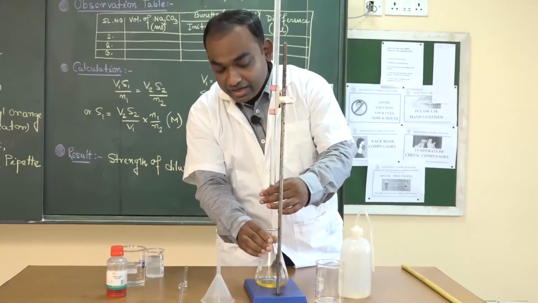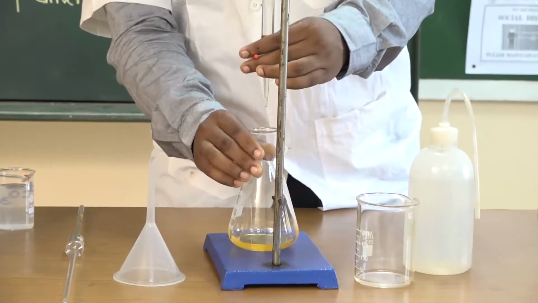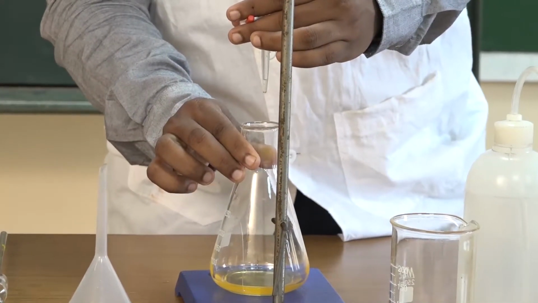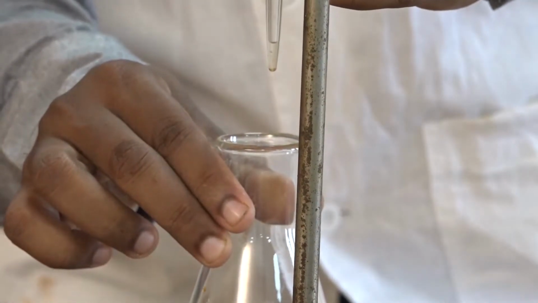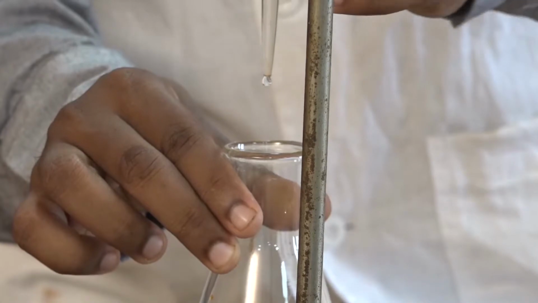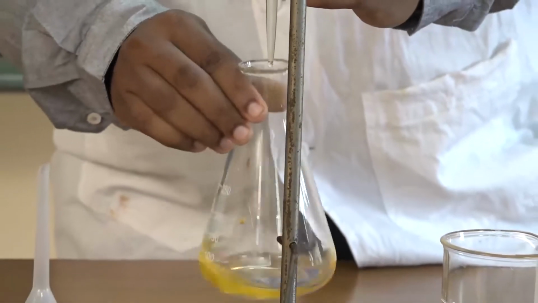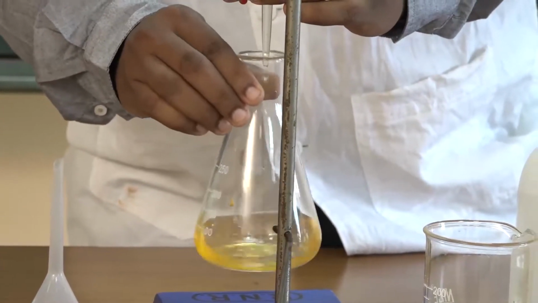So students, I have adjusted to a single drop to ensure that only one drop will fall into the solution, and then we will make this titration. Okay, students. So now see, one drop is coming into the solution and we are constantly shaking it.